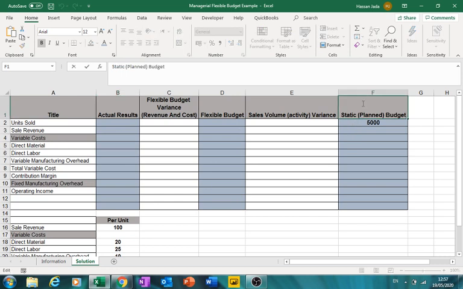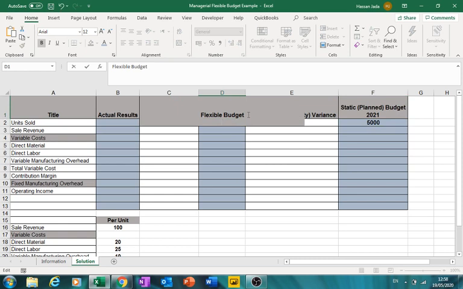We can say that we want to prepare the static budget for the year 2021, the coming year, and here the flexible budget for 2021.